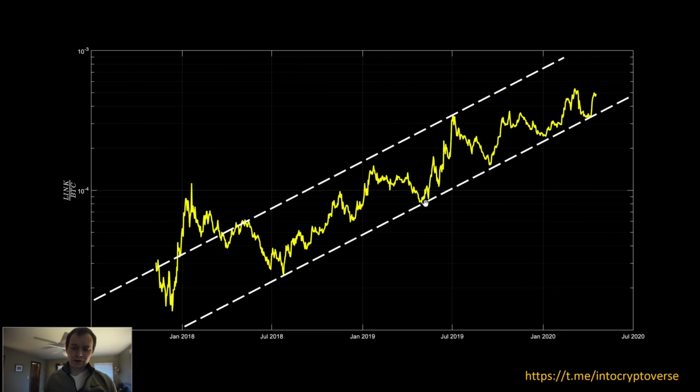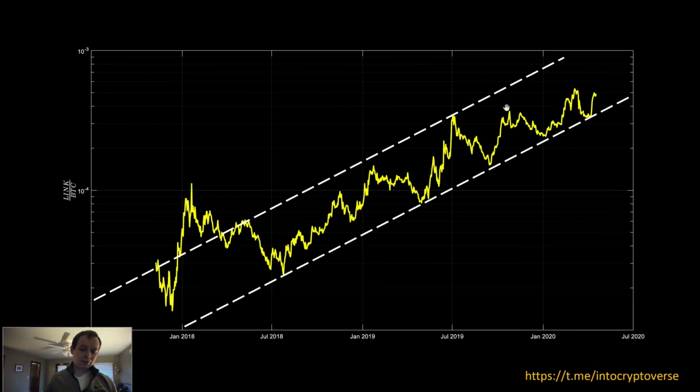The next one bottomed, I would say, somewhere in early summer of 2019 or so, peaked again, and again we had a higher high. So we have a high, a higher high, a higher high. This one was a lower high. But again, we came back down to the trend line, and then we ultimately formed a higher high. So clearly this is a very bullish trend.